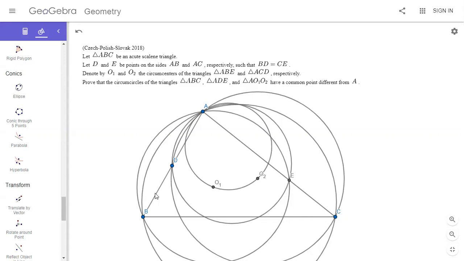So basically, we want to show AD over AE is the ratio of the power of D with respect to AO1O2 and the power of E with respect to AO1O2.